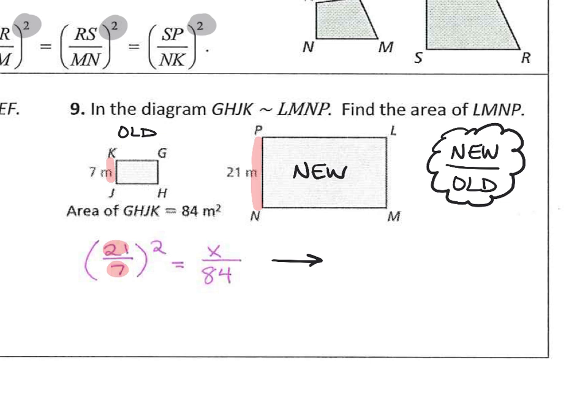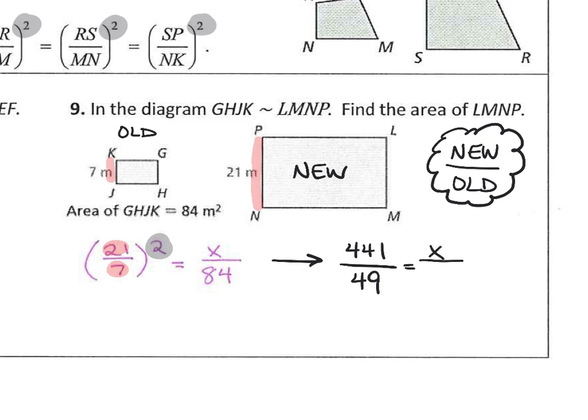This is a calculator question. What is 21 squared? So 21 times 21 is 441. What's 7 squared? 49.